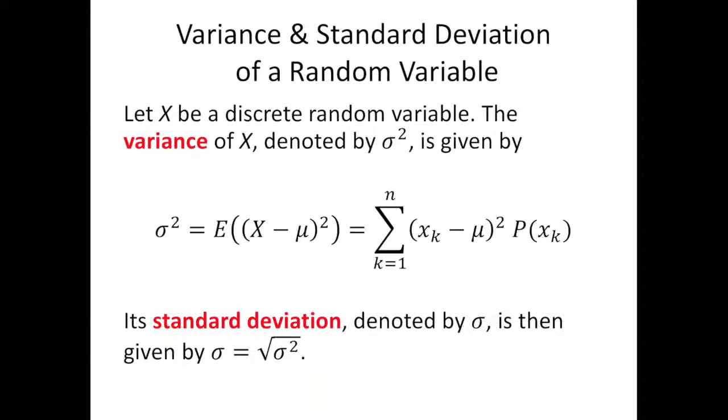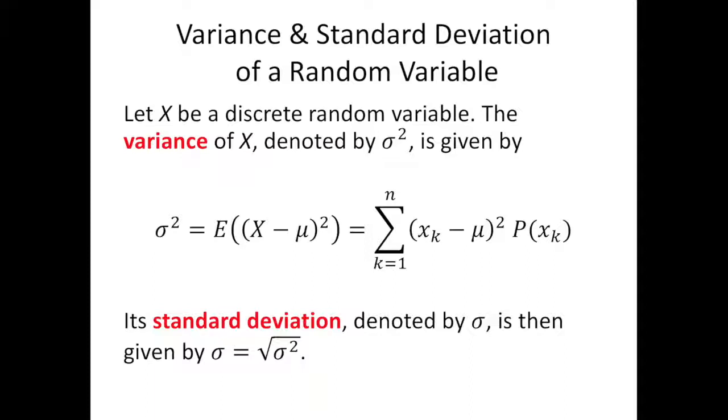All I do is simply take each value, subtract the mean from it, square it, so that's a square deviation, and now I multiply it by the original probability mass function. That p function is for random variable x, not random variable x minus mu quantity squared. Right, so that makes this very easy to calculate.